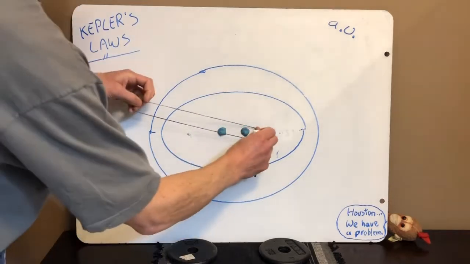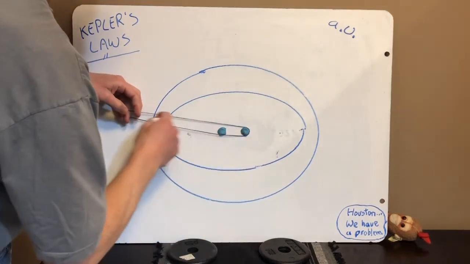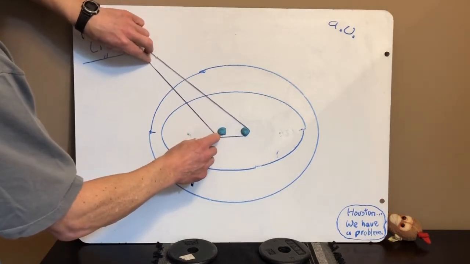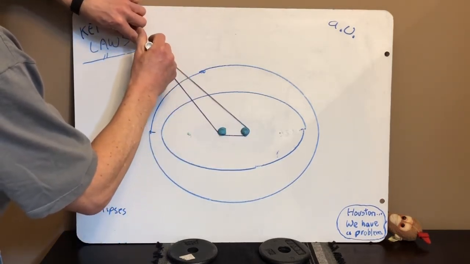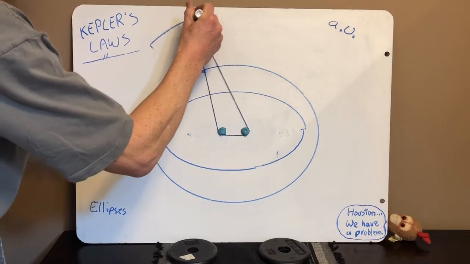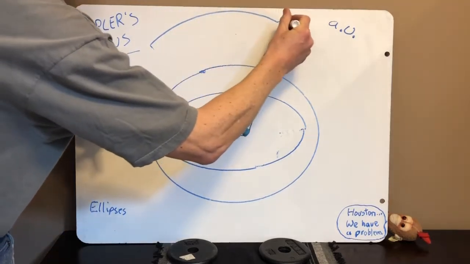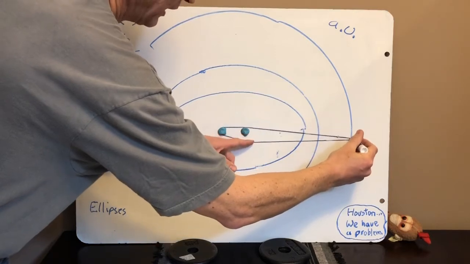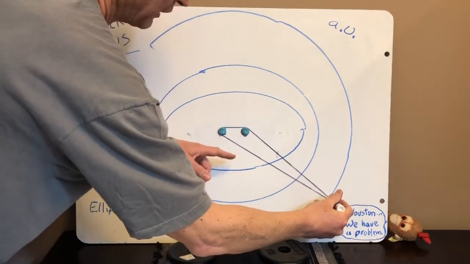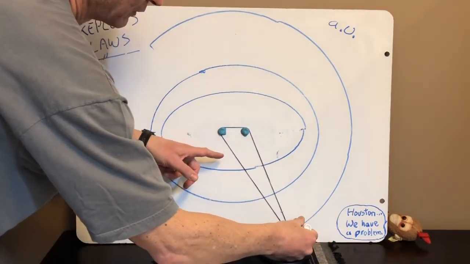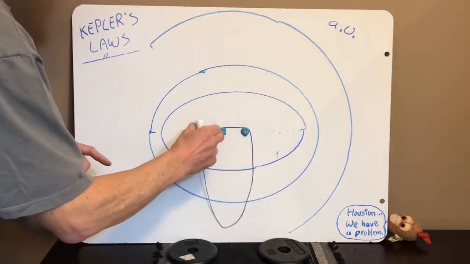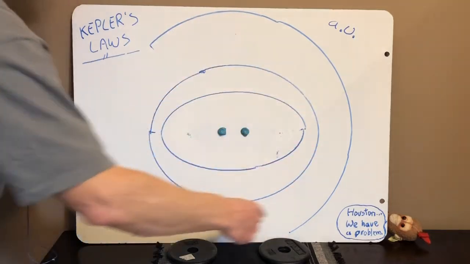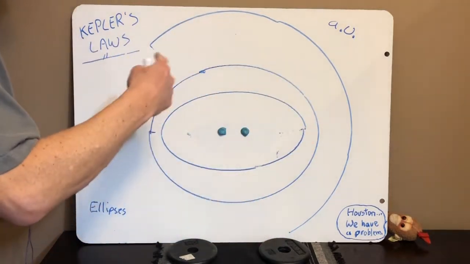The closer together they get, the more circular it's going to get. And let's see how this looks. Oh yeah, definitely. If the two foci are close together, I won't bother drawing the whole thing, but you get the idea. If the two foci are close together, the ellipse becomes very, very close to a circle.